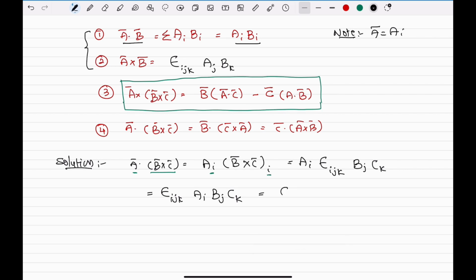Then this can be written as epsilon ijk, b j, c k, into a i.